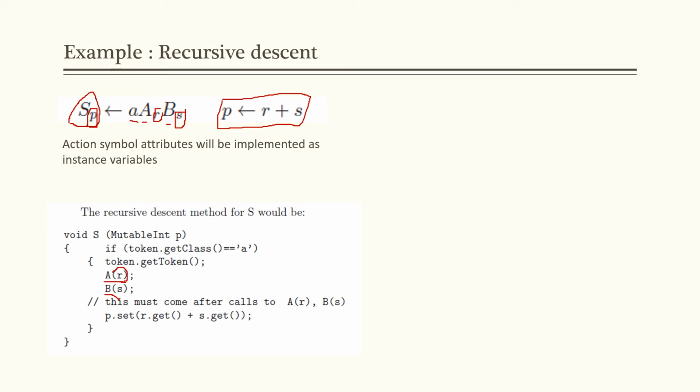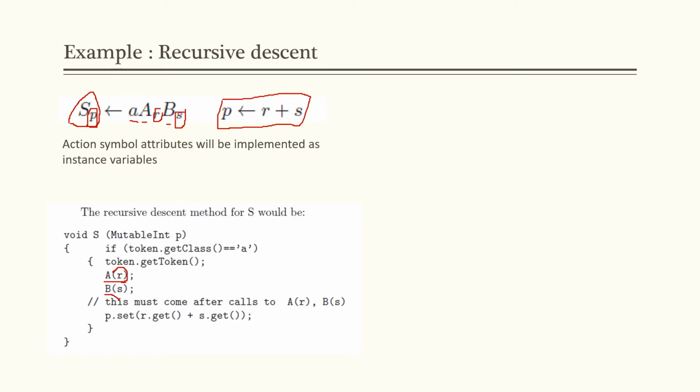Then you must indicate in your code what operation you want to do with those attributes. In this case, I want to add R and S and assign it to P. So all I do is P.set, and what I set inside P is the value of R, R.get plus S.get.